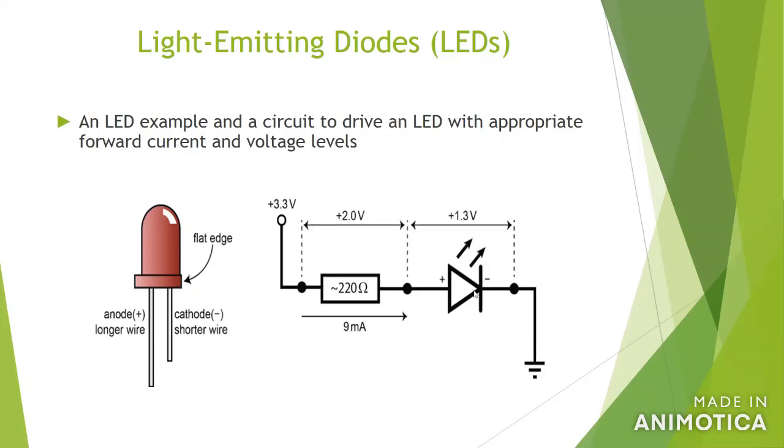Usually the LED can only endure a current less than 9 milliamps. If your current is greater than 9 milliamps, it will burn this LED. That's why you have to use a resistor to limit the current flow into the LED. That's something that you have to understand.